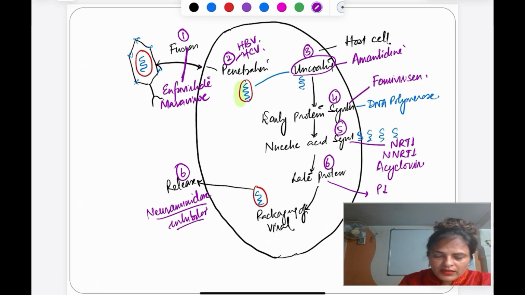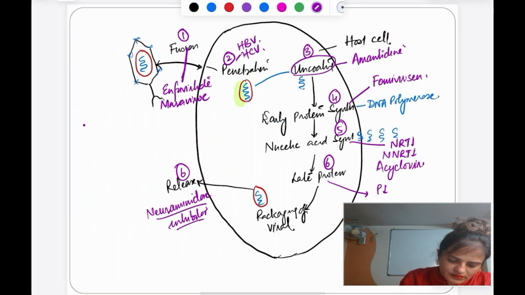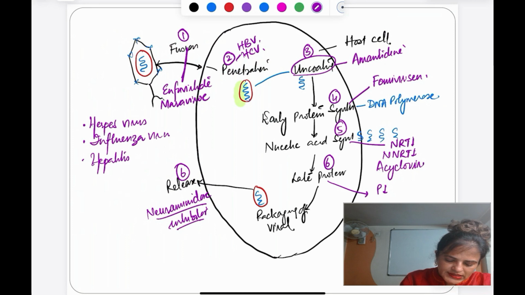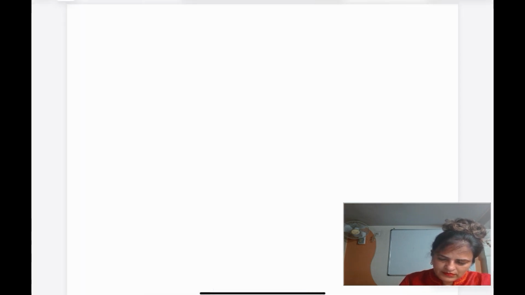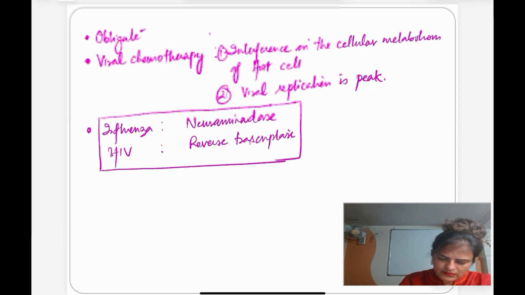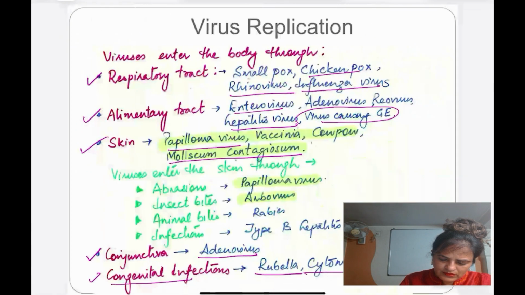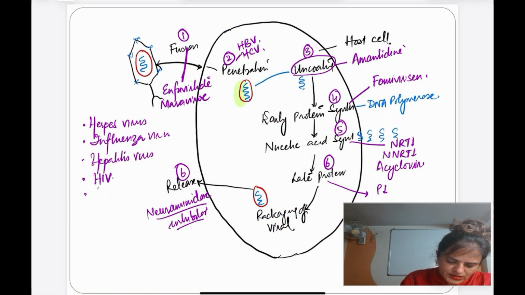So we have antiviral drugs presently against herpes virus, influenza virus, hepatitis virus, HIV virus, and very important, coronavirus.